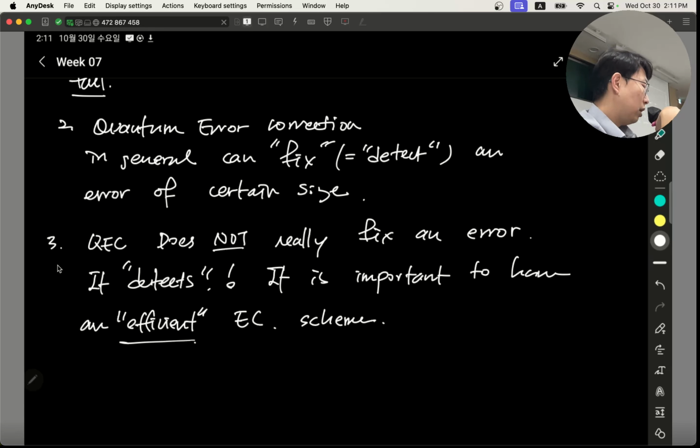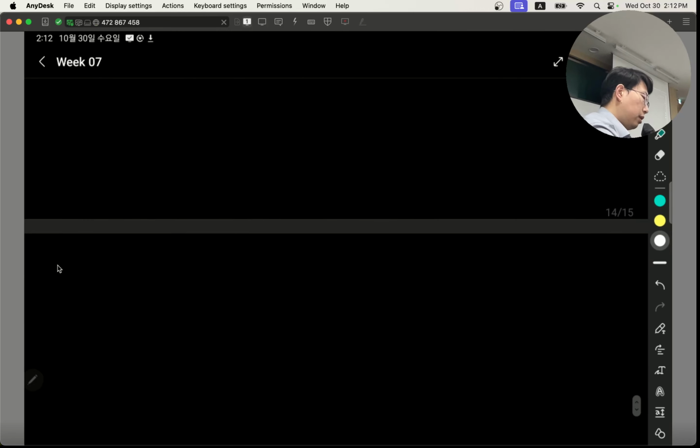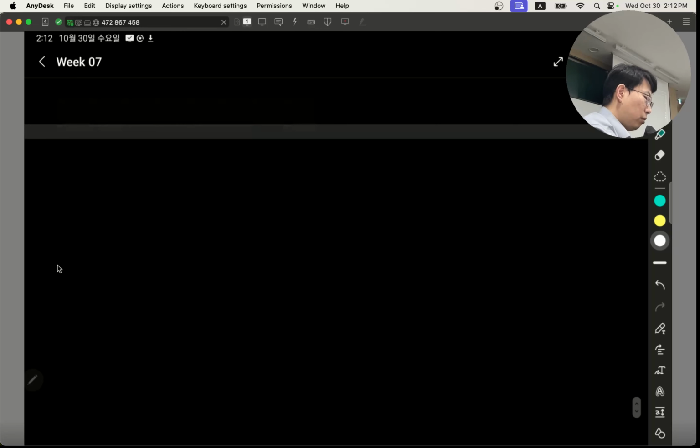So what they're doing after having such error correction is that they have a layer of qubits to encode into an actual qubit. So here's the pictorial way of describing it. Let's say you have one logical qubit.